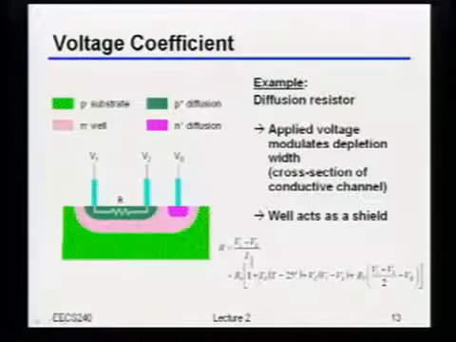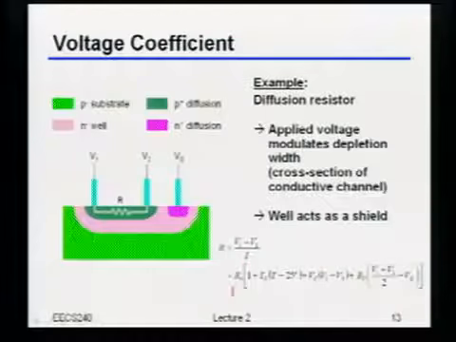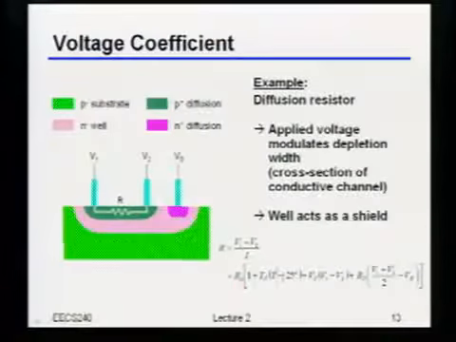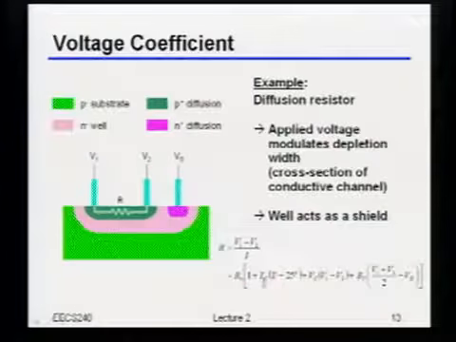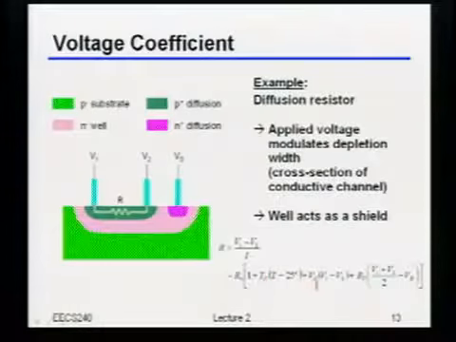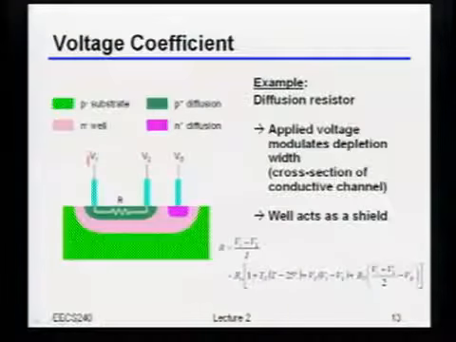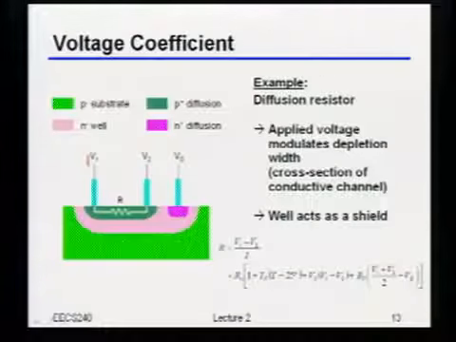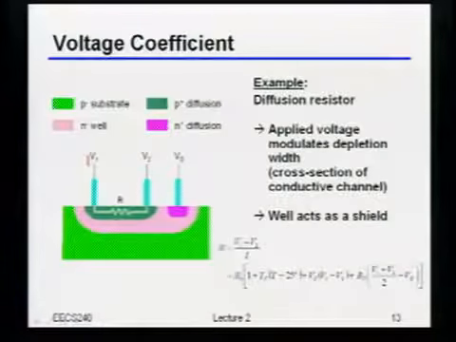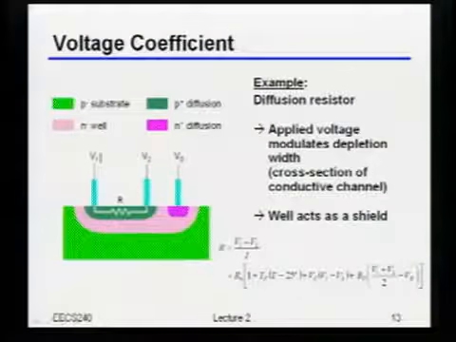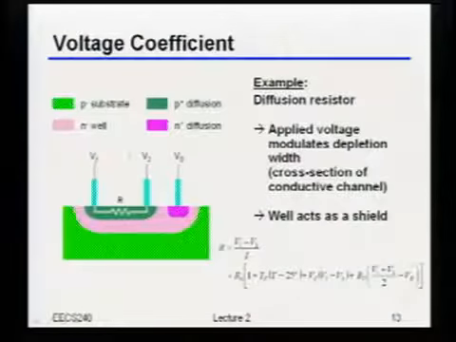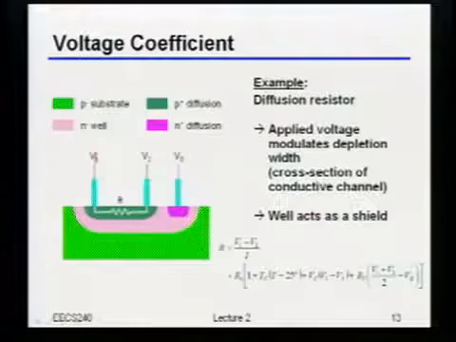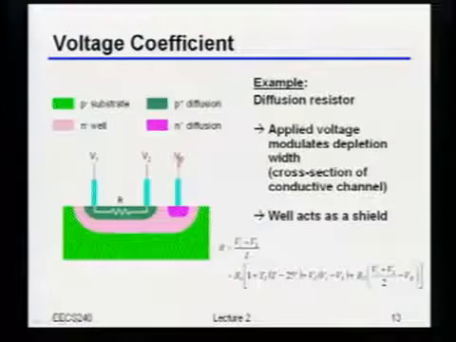If you take a look over here, if I calculate the effective resistance, it's some nominal resistance, plus this temperature coefficient that we just talked about, that's this TC over here, plus this VC, which is really related to the voltage across the two terminals of the resistor. Now, as we said a second ago, our life is not quite that simple, because not only does the depletion region vary based on these two voltages, or rather really this voltage, because remember, all voltages are relative, it also varies as you take V1 and V2 and move them relative to the body.